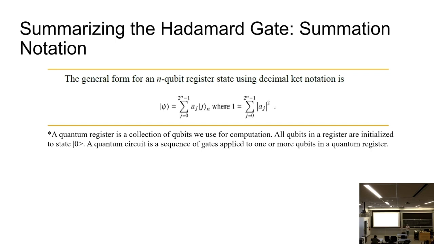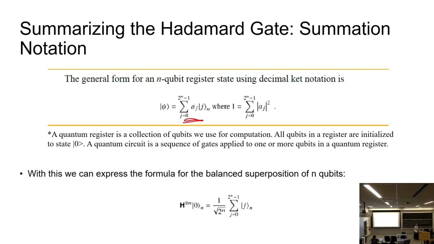So our quantum state we can write as the summation of a sub j times the ket j, where the sum of the squares of the coefficients is equal to 1. So it's just a little bit of a different notation. Then that allows us to more simply express the formula for the balanced superposition of n qubits.